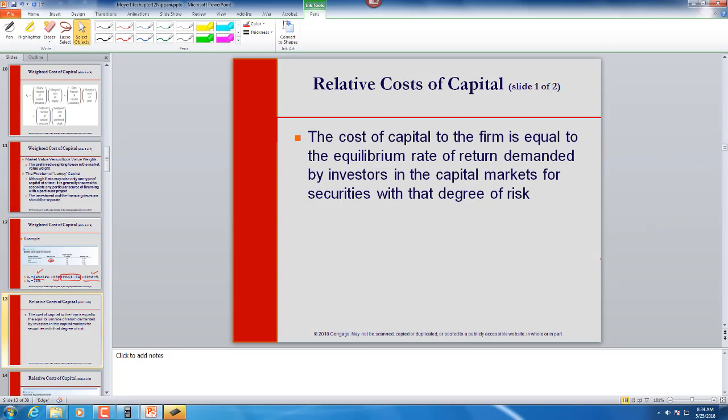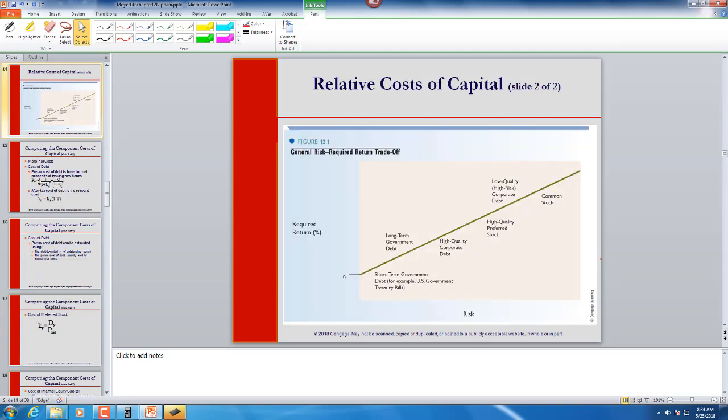The cost of capital of a firm is equal to the equilibrium rate of return demanded by investors in the capital markets for securities with that degree of risk. For example, if you look at risk and return for companies, securities, and all securities available in the market, you start off with the risk-free rate, which is the rate that is paid on treasury securities of short-term duration, kind of like treasury bills.